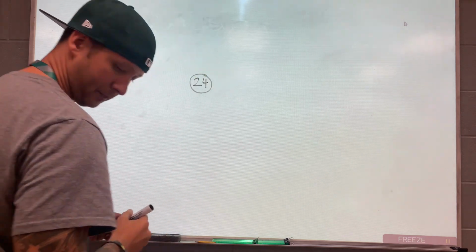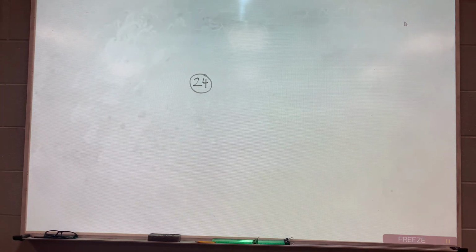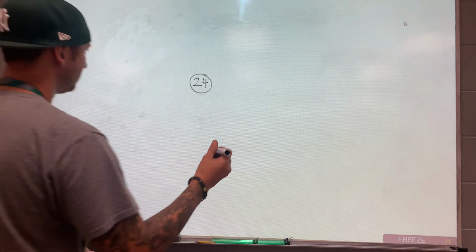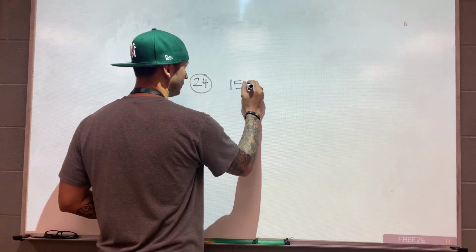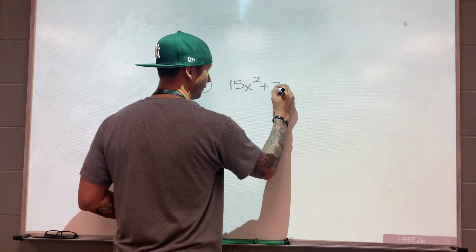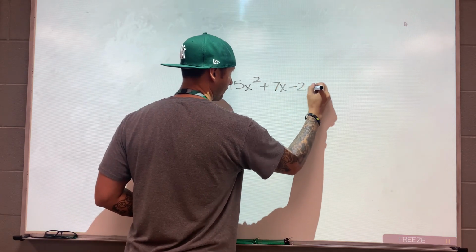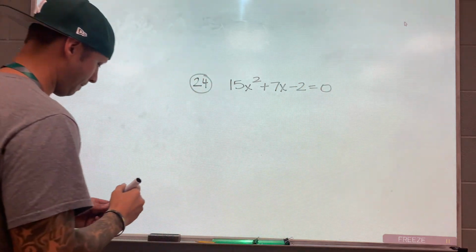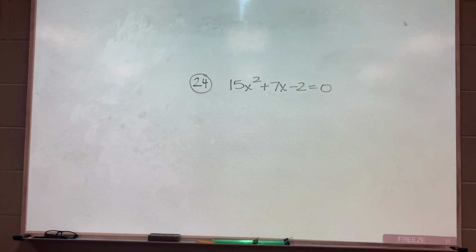All right, 24. 15x squared plus 7x minus 2. No perfect square, so I'm going to have to multiply the 15 over.